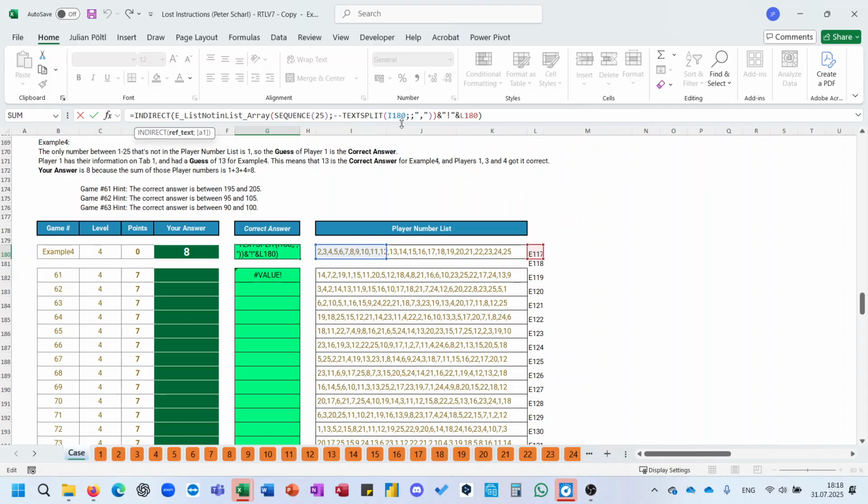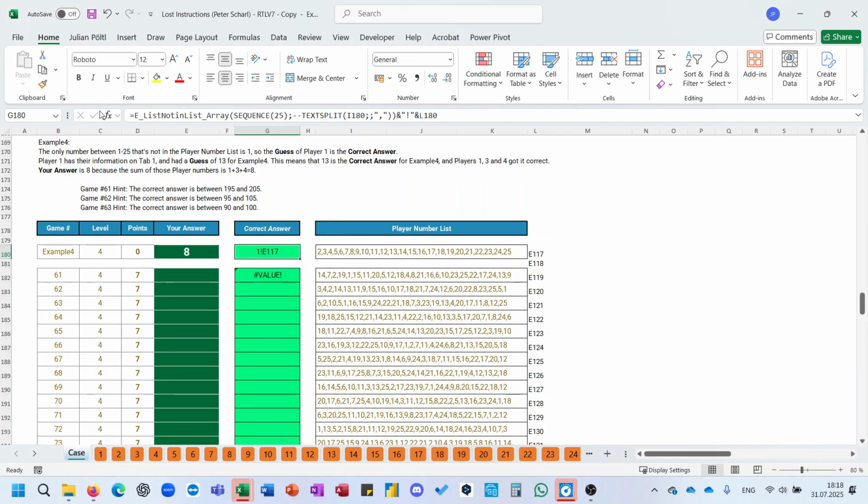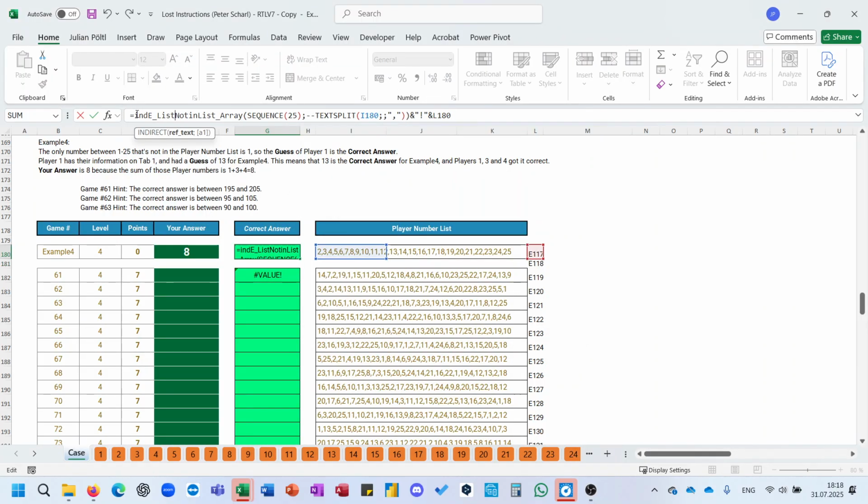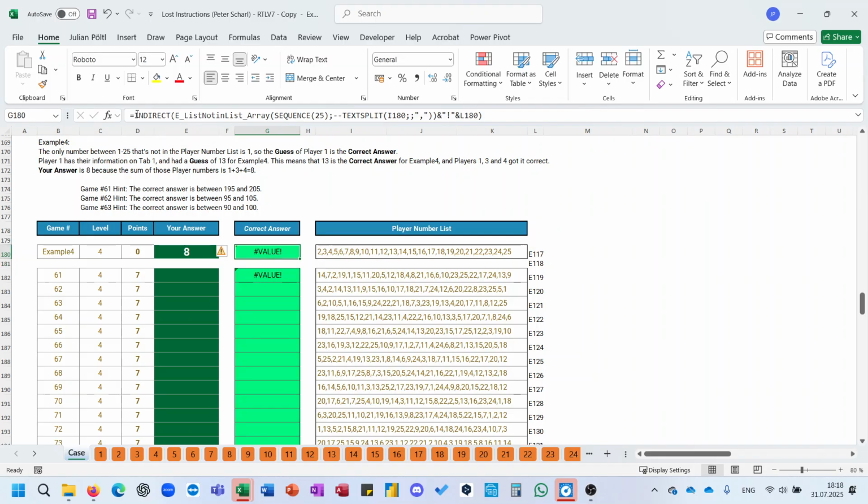It's in the INDIRECT function. Let's try something out.